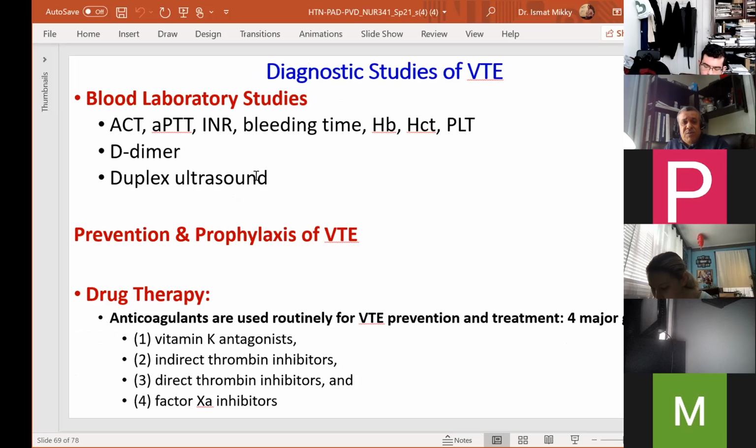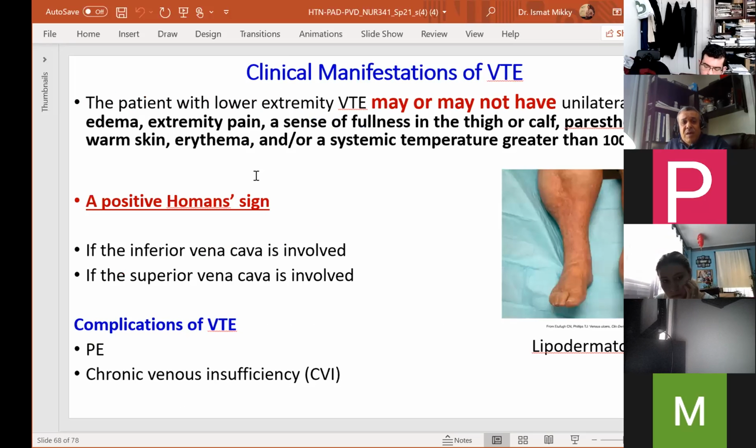Before we go to the treatment, first of all, complications. Complications will be PE, pulmonary embolism. There is also CVI, which is chronic venous insufficiency. Another common complication is PTS, post-thrombotic syndrome.